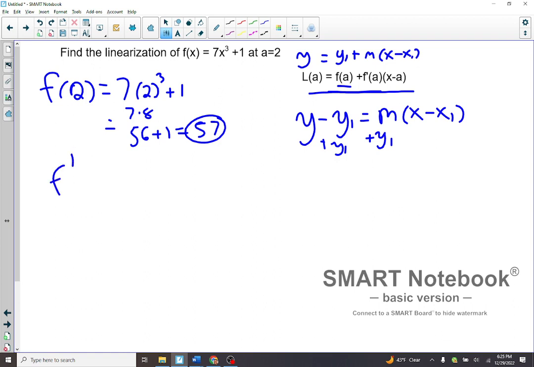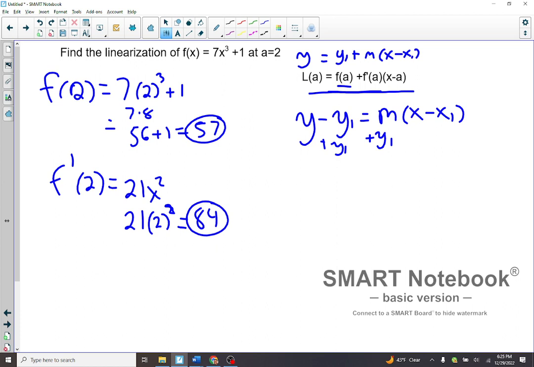Well, f prime of 2 is going to be the derivative of this thing, which is 21x to the second, with the plus 1 disappearing. So 21, 2 to the second, 21 times 4, 84.